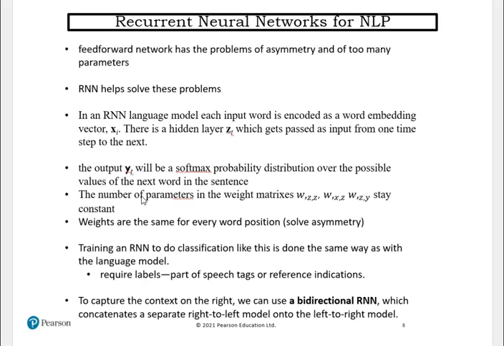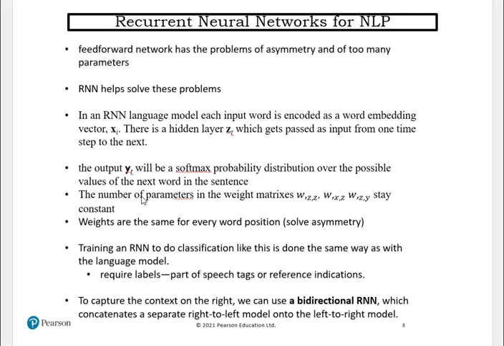Each word will be represented as a word embedding vector xi, and we will have a hidden layer zt, which is the hidden layer at time step t, which gets passed as input from one time step to the next. We're interested in doing multi-class classification, so the classes are the words of the vocabulary.